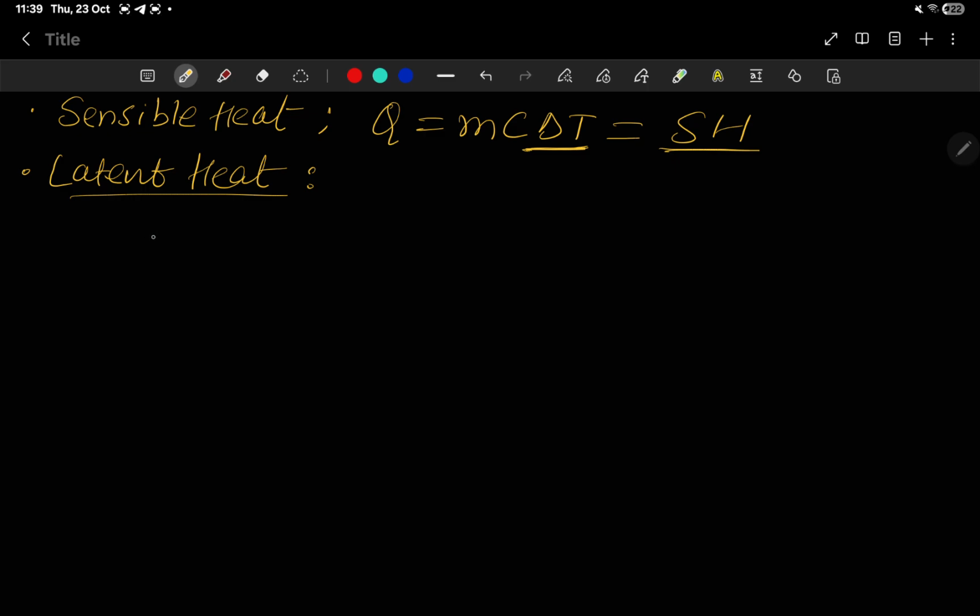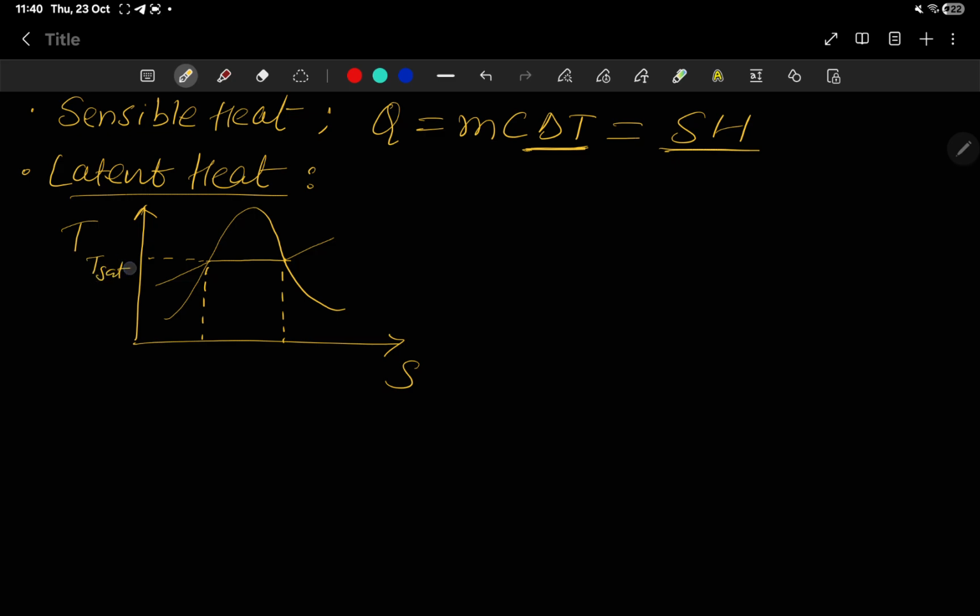Now if I draw the TS curve, what we observed is this dome. This region is where the phase transformation is taking place at constant temperature.